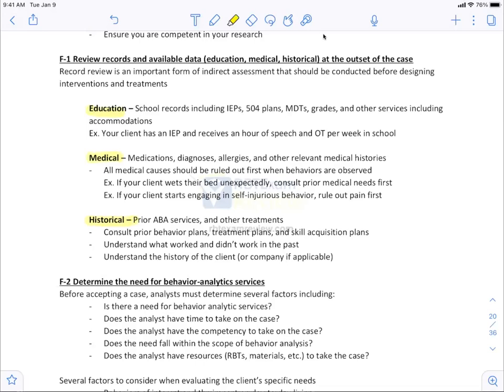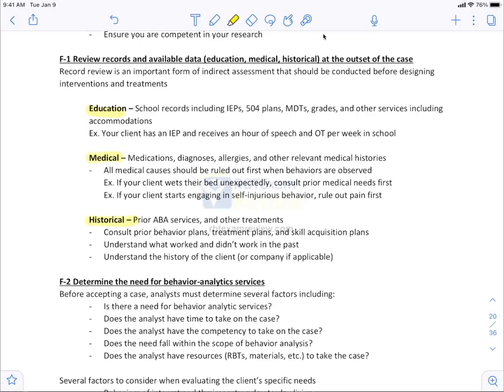Medical is important because although we aren't prescribing medication, we're not doctors, it's going to tell us a little bit about their history, okay? Do they have other diagnoses? Do they have any allergies? Does their medication make them sleepy at certain times? Do they have strange reactions to medication?